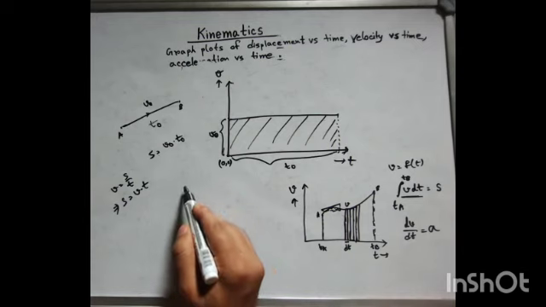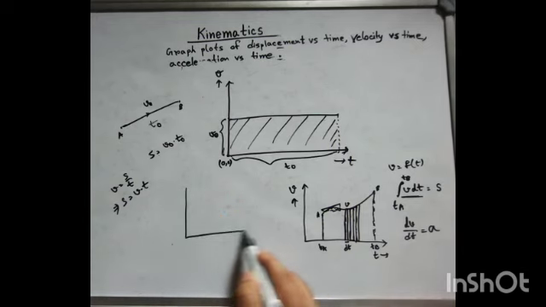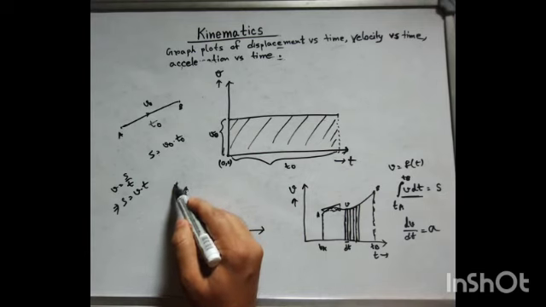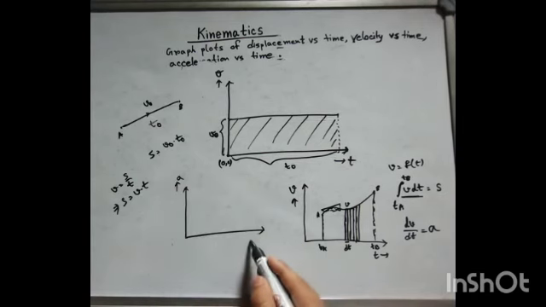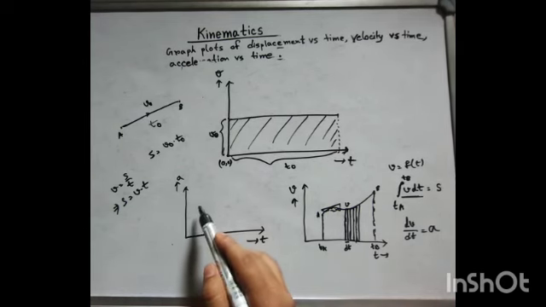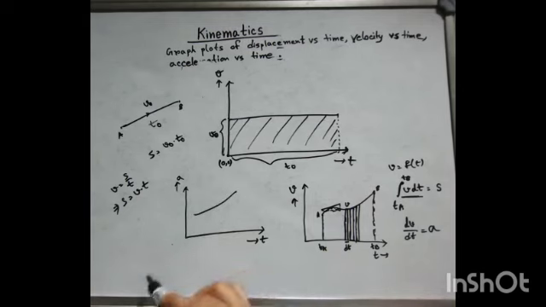Similarly, suppose you draw a graph where the y-axis gives acceleration and the x-axis gives time, and there is a random curve like this.